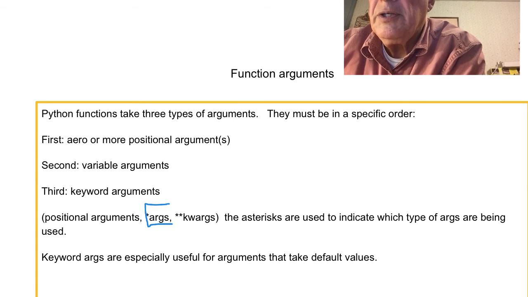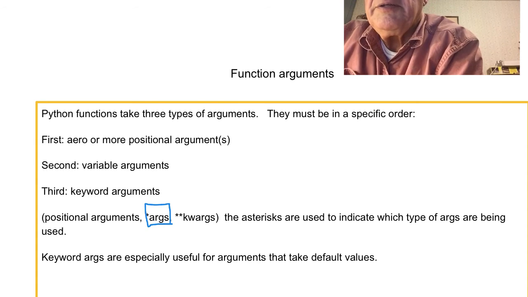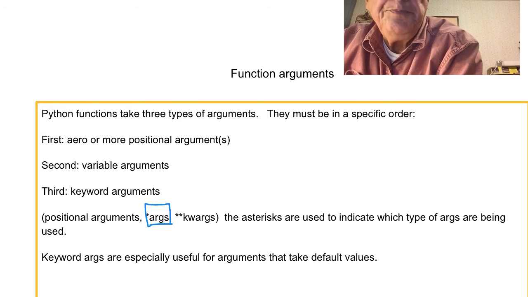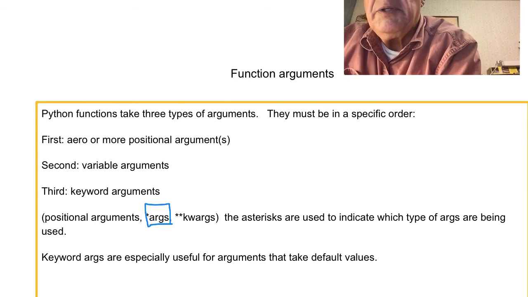One is a variable list of arguments. Say you have a function that calculates an average, and you don't want to write a separate function to calculate an average of 10 items, and another one to calculate an average of 11 items, and another one to calculate an average of 12 items. You want to be able to pass it a collection of items and have it accept that.